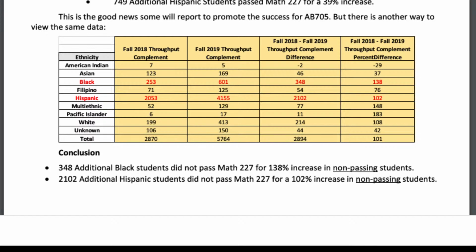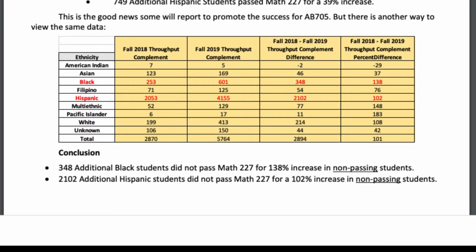So although they increased the passing students, they more than increased the non-passing. And for Hispanics, 2,102 additional Hispanic students did not pass Math 227 for a 102% increase. They doubled the number of non-passing Hispanic students.